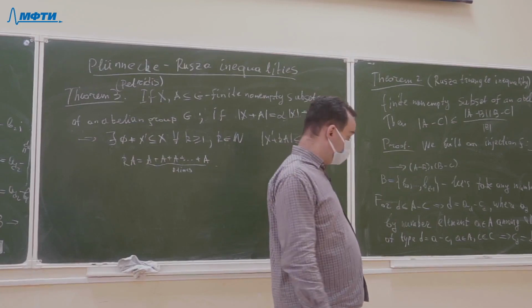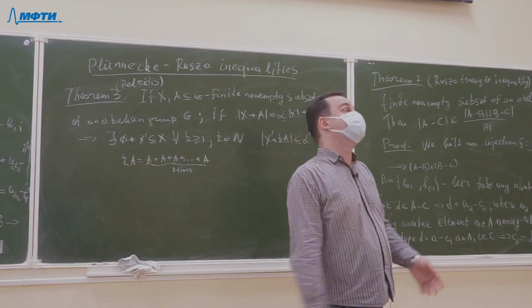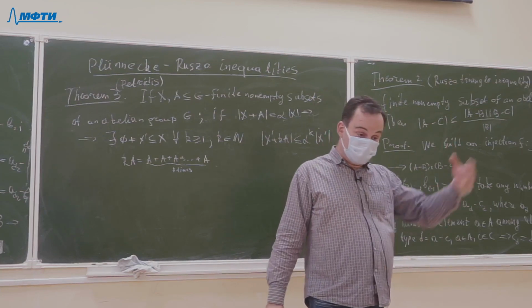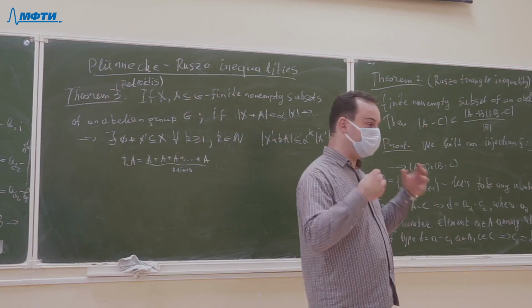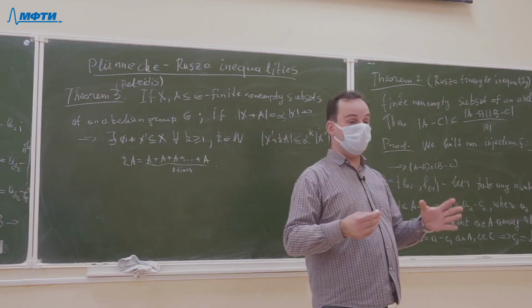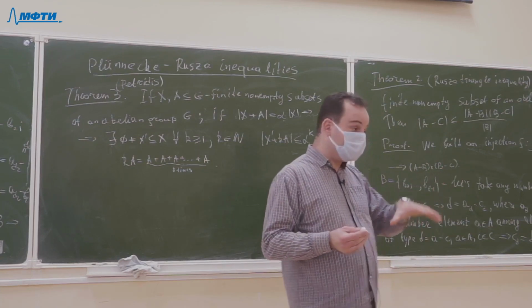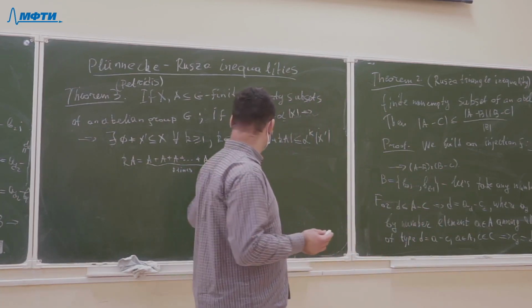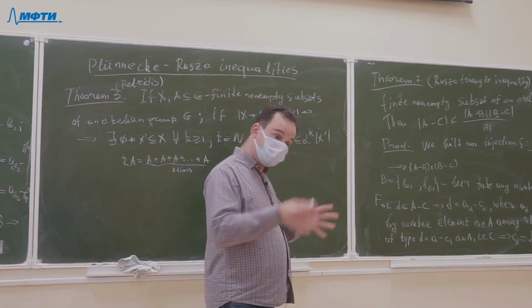Ruzsa, the Hungarian mathematician, took this publication, consulted with Plünnecke, and understood what he proved, and gave a shorter, more understandable proof of his result. And also gave an implication in the form of Plünnecke-Ruzsa inequalities.